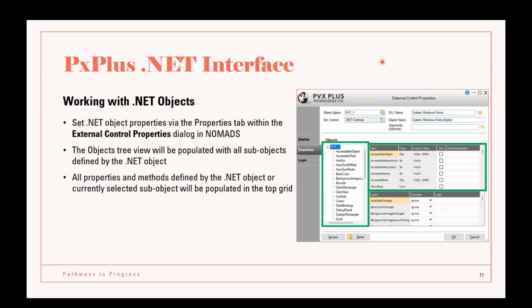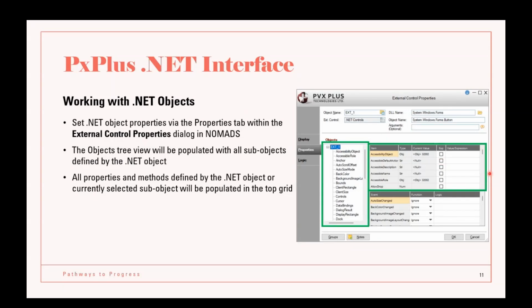If you're using Nomads, if you open up the external control properties for your .NET object and you select properties, you are going to get a tree view, and this tree view will show you your object's child objects, if it has any, and they will be listed here.